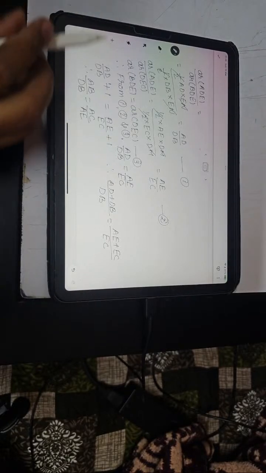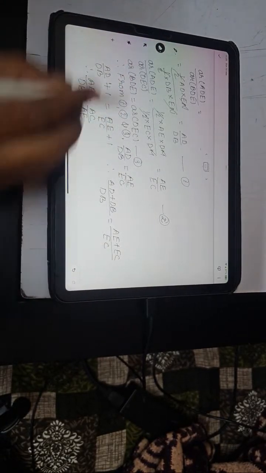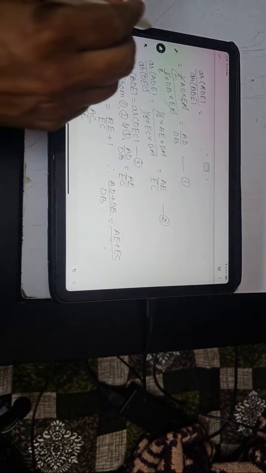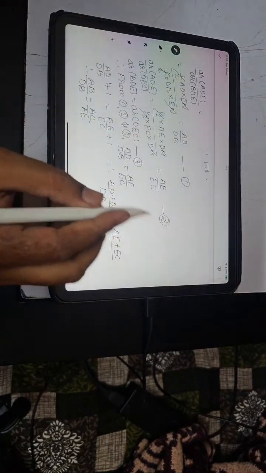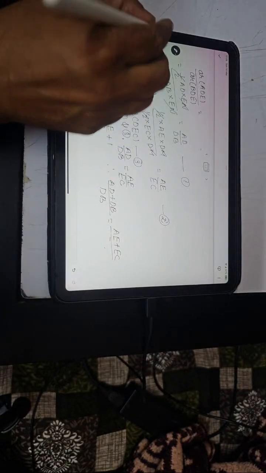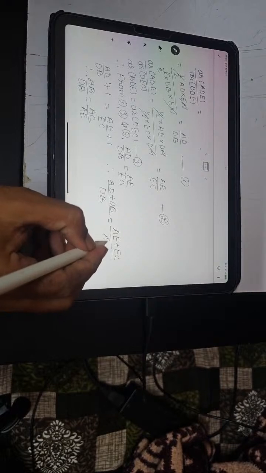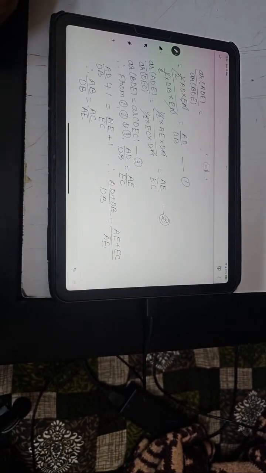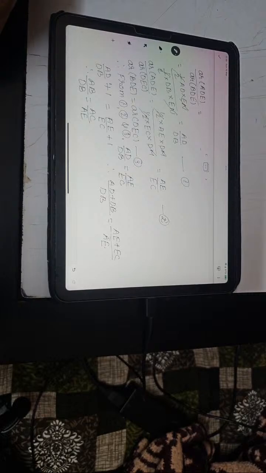So I got both the things proved. So, this is the basic proportionality theorem. Clear? Any doubt in this? Just show your thumbs up if you have understood.